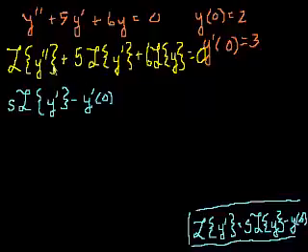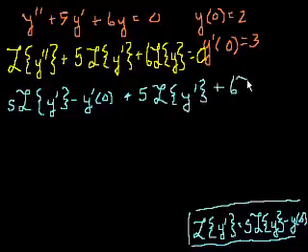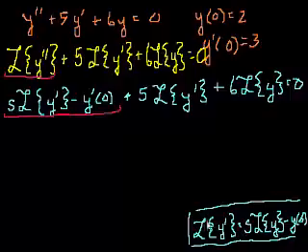And then we end up with plus 5 times the Laplace transform of y prime plus 6 times the Laplace transform of y. All of that is equal to 0. So just to be clear, all I did is I expanded this into this using this.